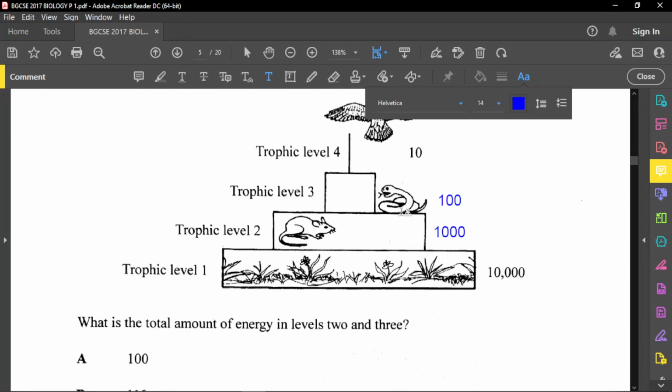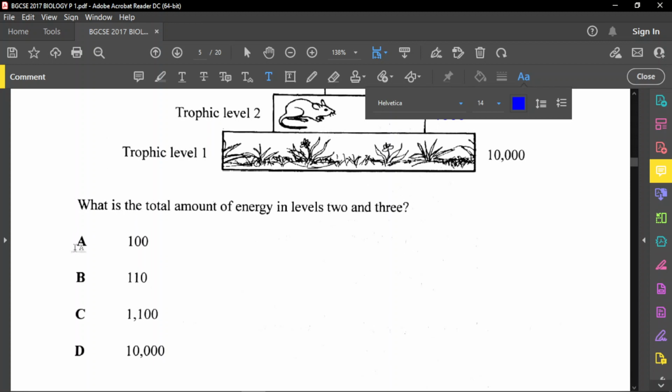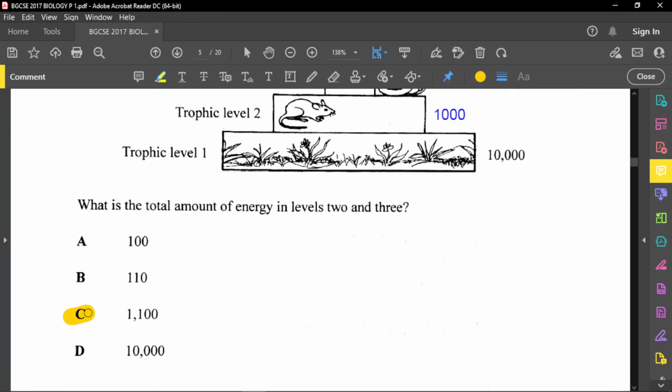So the total between 2 and 3 is 1,100. That's the total right there. So the answer here is 1,100. So this is C. Okay, so C is our answer. All right, so we're getting through with this one. Let's jump to the next question now.